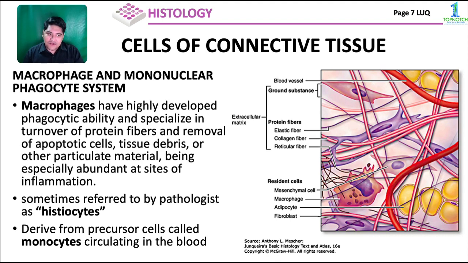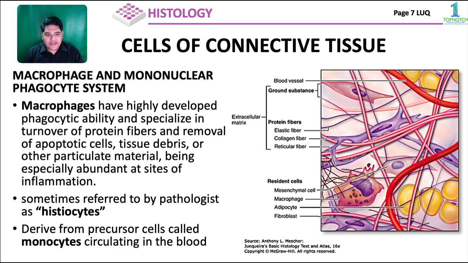Let's discuss the macrophage and the mononuclear phagocyte system. Very important, guys. Macrophages have highly developed phagocytic ability. They eat depending on what is there: virus, bacteria. They are specialized in the turnover of protein fibers and removal of apoptotic cells, especially leukocytes, tissue debris, or other particulate matter, being especially abundant at sites of inflammation.